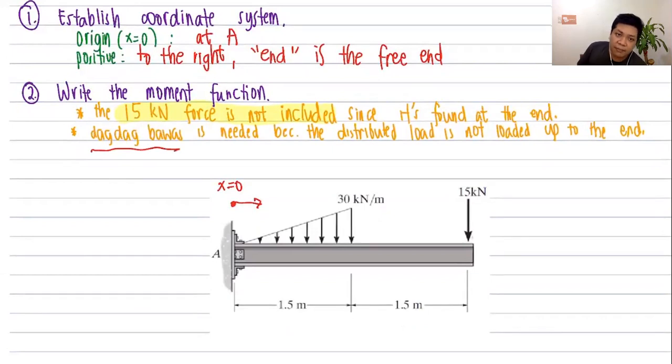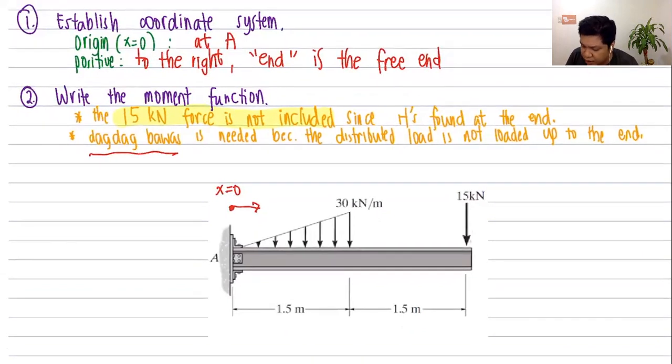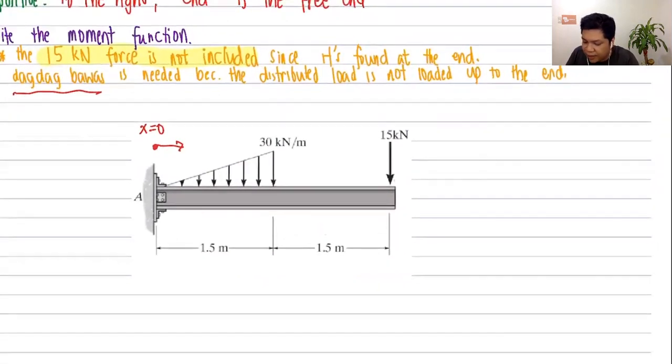So again, my goal is to come up with a distributed load that looks like what we have shown in the previous lectures. In this case, I can just extend. So I'll have here a triangle. Now that looks like what we have shown in our previous lecture.